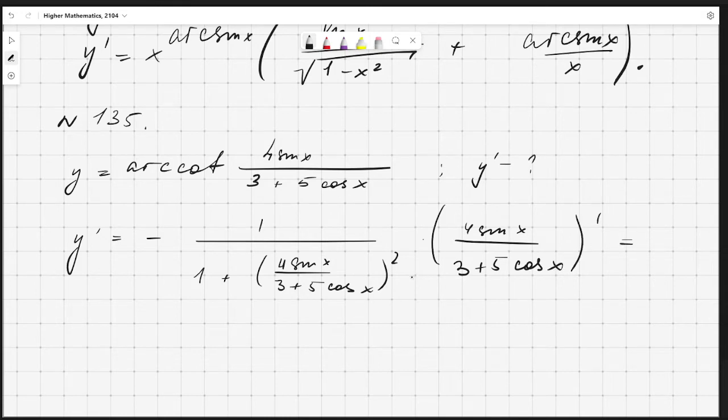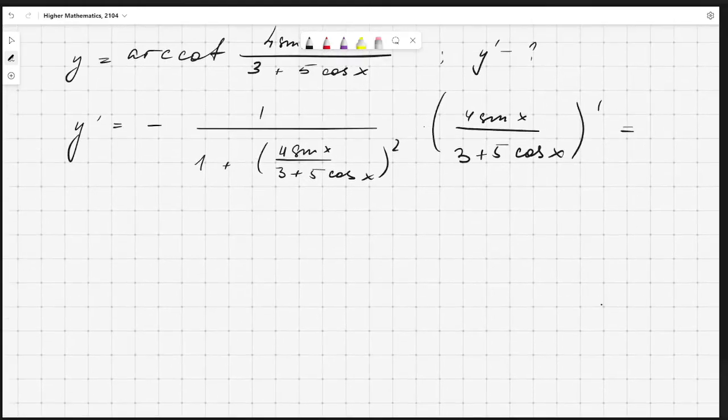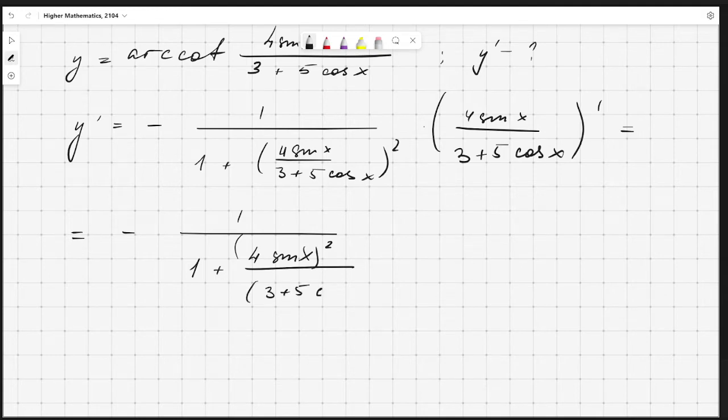In the argument we can see a quotient, so the derivative of the argument is the derivative of a quotient. We will have 1 over 1 plus 4 sine of x over 3 plus 5 cosine of x squared, times 4 times the derivative of sine times 3 plus 5 cosine of x, minus sine times, any question?